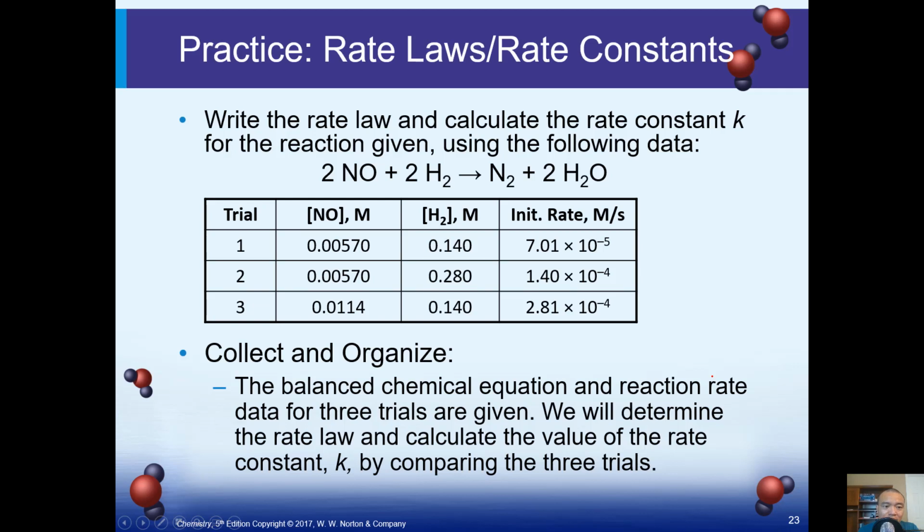Let's look at another example. Write the rate law and calculate the rate constant K for the reaction below using the following data. So let's analyze the data over here.